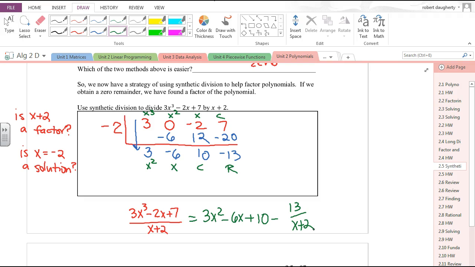No, it's not a factor because I did not get a 0 remainder. Okay? So the key in setting up synthetic division, whenever you're looking at a factor, is the opposite sign of this is what you're testing to be a root or solution. So I'll set up the synthetic with this. Make sure you have a place for every degree of the polynomial. Okay?